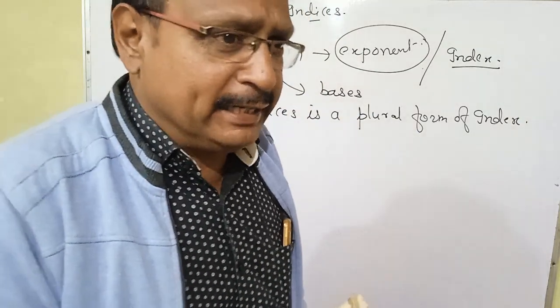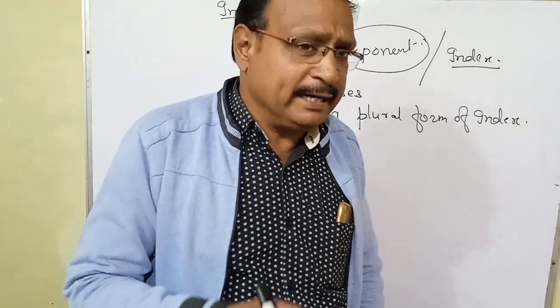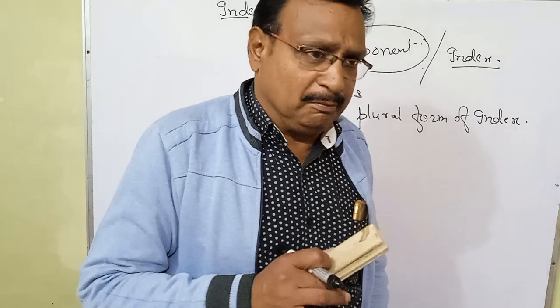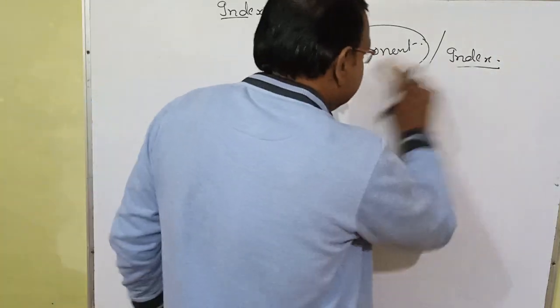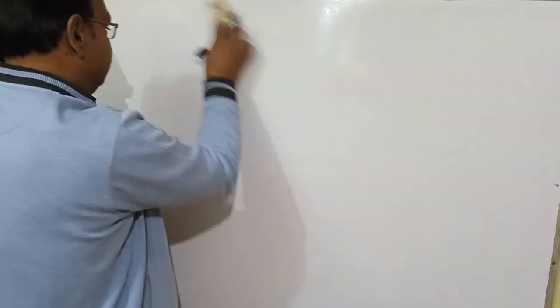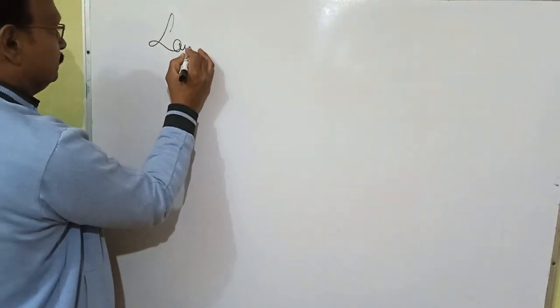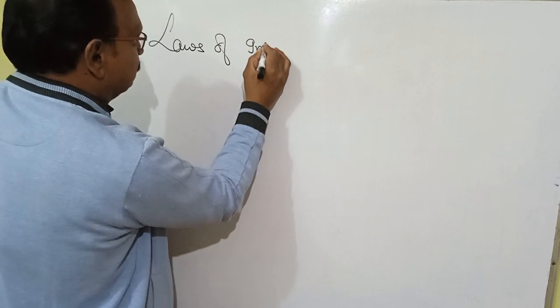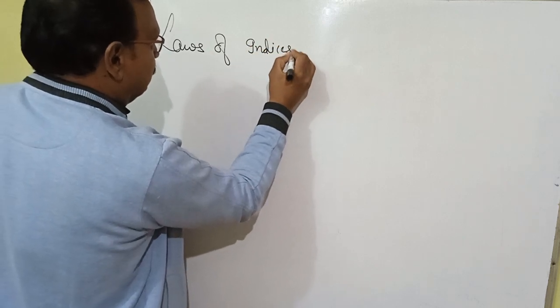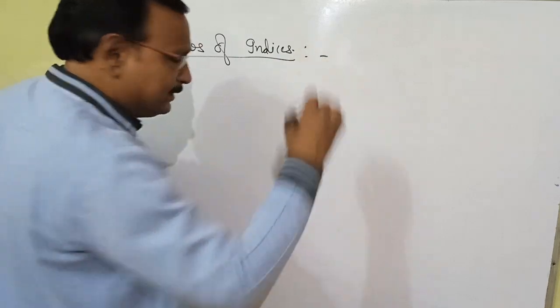What is the exponent and what is the difference between exponent and power or power form? Here we are going to its laws. Laws of index or indices.